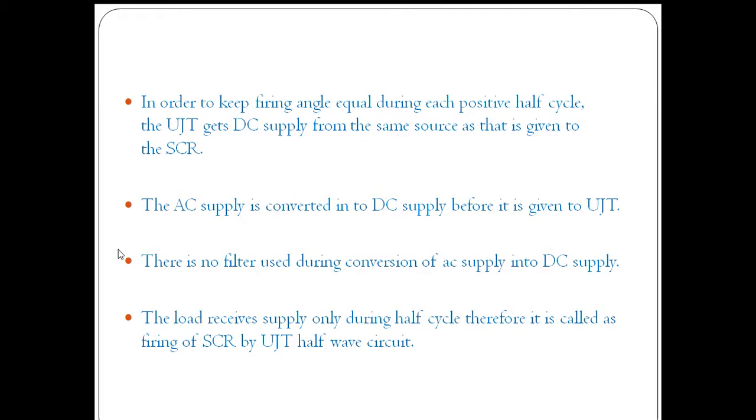We have discussed class D commutation, the voltage commutation method, and class E commutation, that is external pulse source. The last one is natural commutation. So these methods we discussed. Accordingly, depending on the suitability of the working environment, we adopt the suitable circuit.